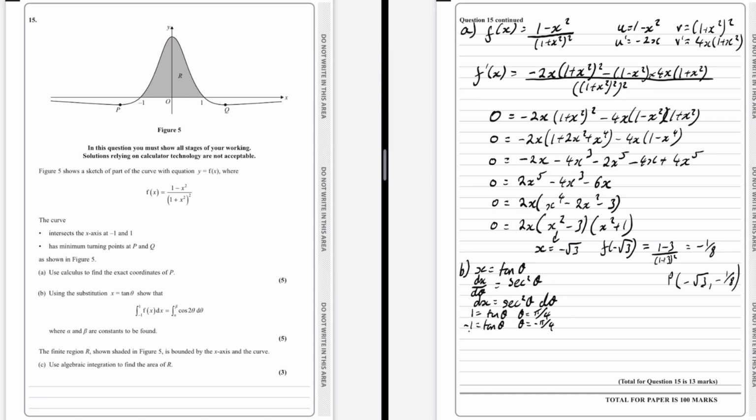Substituting x for tan theta into the function, we'll get the integral between negative pi over 4 and pi over 4 of 1 minus tan squared theta over 1 plus tan squared theta all squared, times by, and no longer dx, but sec squared theta d theta.